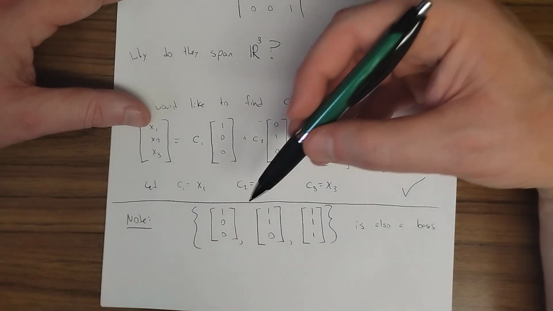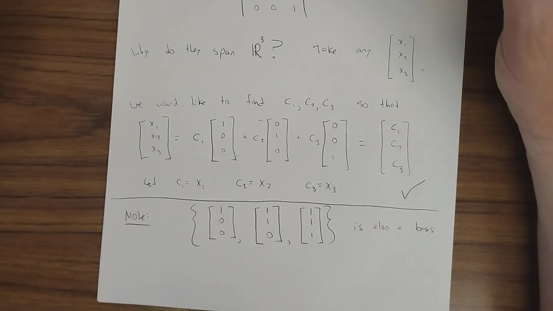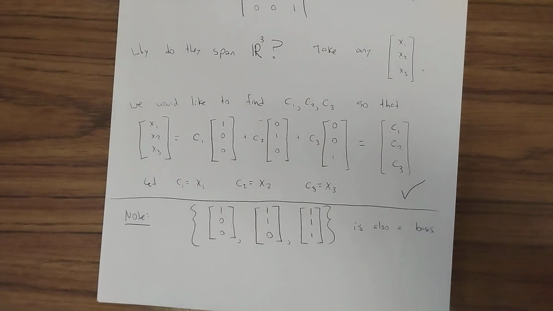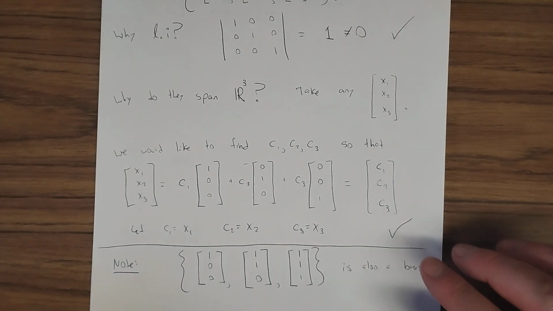In fact, if you pick any 3 random vectors, as long as they're quote-unquote random enough, and I'm not being very precise with this statement, with probability nearly 100%, you're going to pick a basis. It's a pretty big coincidence if you manage to pick 3 vectors at random that aren't a basis for R3.